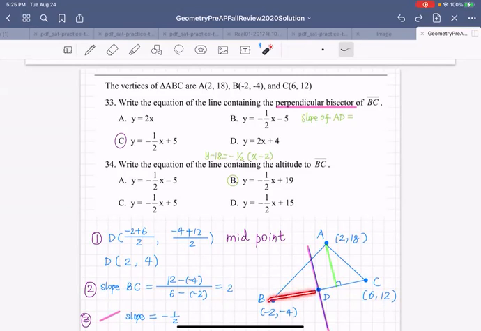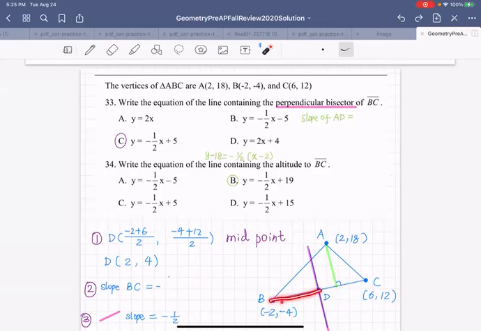Now you know the point. Look at here. This line and this line are perpendicular, correct? Yes. Okay. Now, if these two lines are perpendicular, this slope times this slope equals -1.